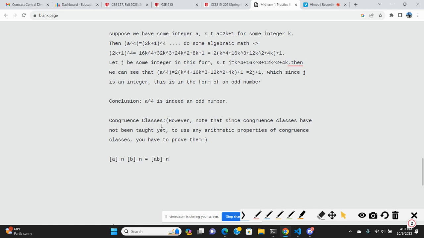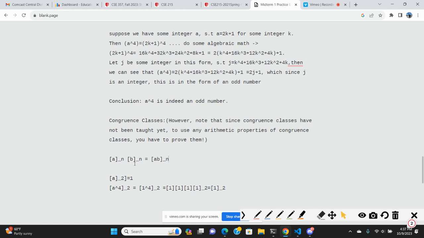But now we have to prove that if we want to use it. Because if we think about it, then the congruence class of A to the fourth mod 2 is just equal to, since the congruence class of A mod 2 equals 1, since we know that it's an odd integer, then this is the same thing as saying 1 to the fourth mod 2, which is the congruence class of 1 mod 2 multiplied 4 times, which is just the congruence class of 1 mod 2, which gives us the answer that this is an odd number.